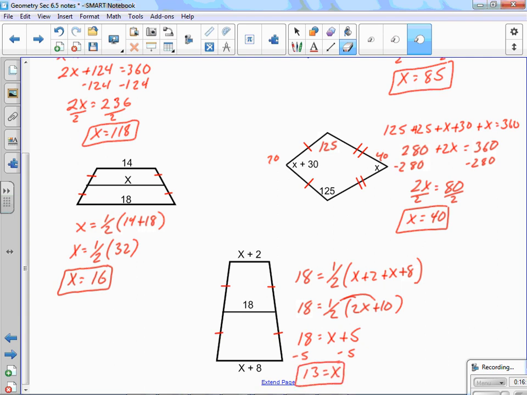So in this case, our x is going to be 13, which would mean that the top side would be 13 plus 2, or 15. Bottom side would be 13 plus 8, or 21. So that concludes the notes.